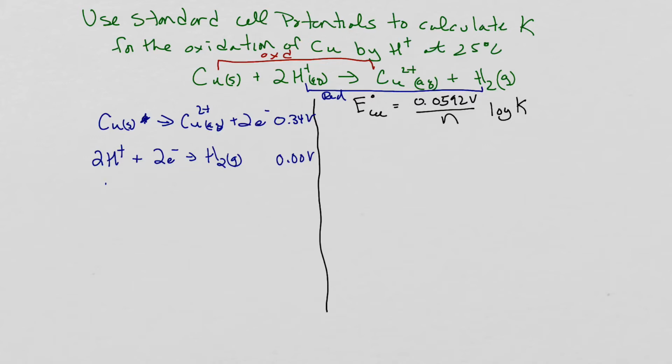So our E cell, remember, this is the oxidation, this is the reduction, or this is the anode, this is the cathode. So remember, this equals E cathode minus E anode. And so cathode is 0 minus 0.34. So we end up with an E cell of negative 0.34 volts.